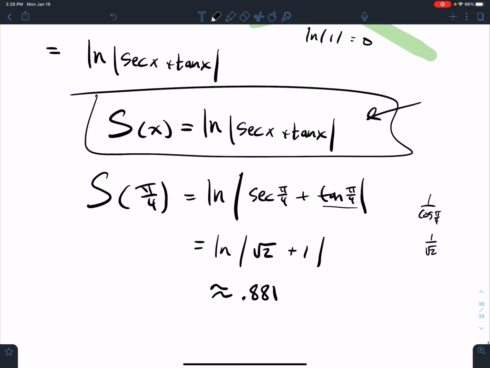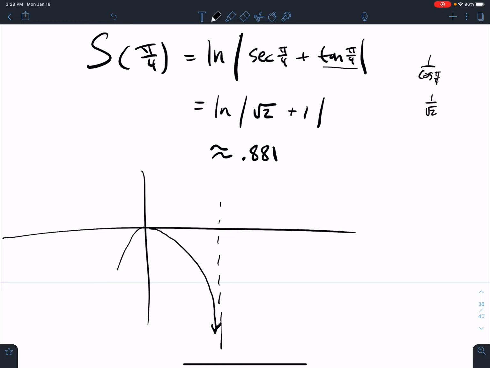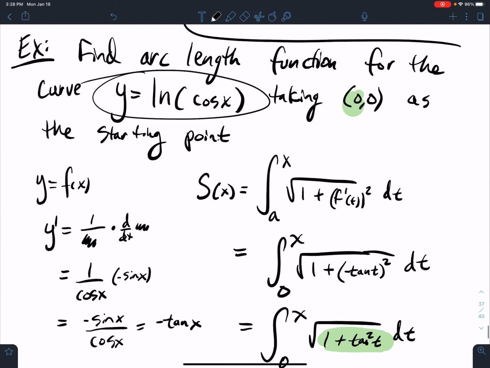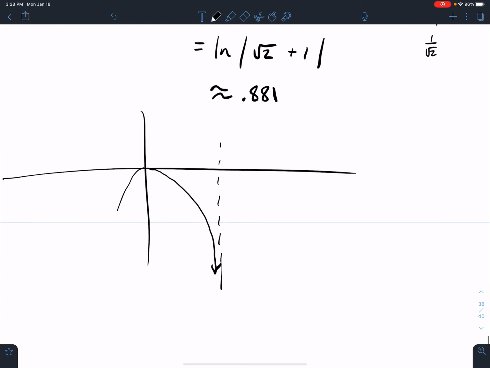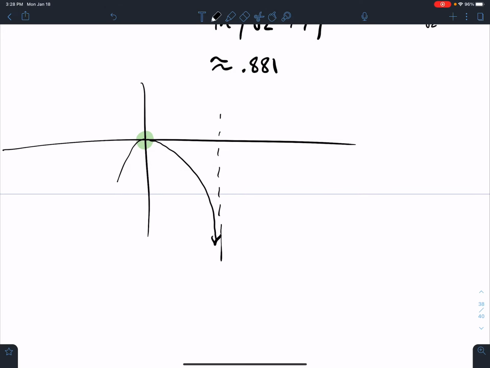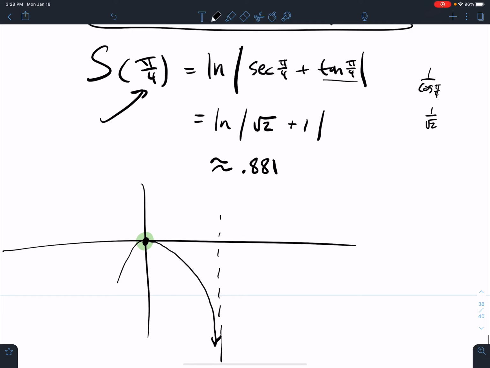Okay, so what does that mean? So when I looked at that graph, it looked something like this, right? So, what did we say? It started at 0, 0, okay? And so this is a function that whenever I input an x value, so my s of x, this is my function here.